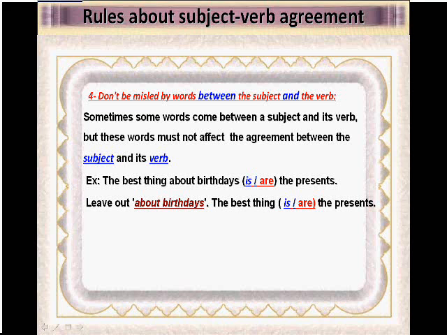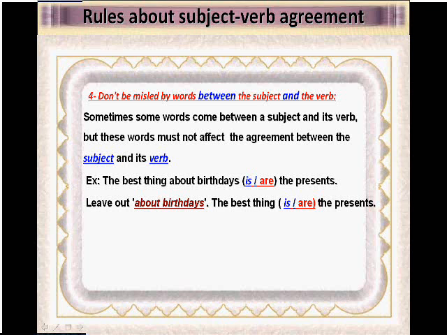So, if we leave out about birthdays, because these are some words which come between the subject, which is the best thing, okay, and the verb. Just leave them out, so it will be the best thing is or are the presents.